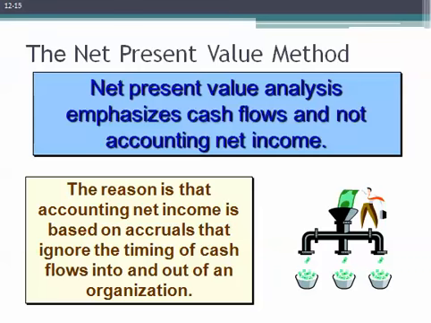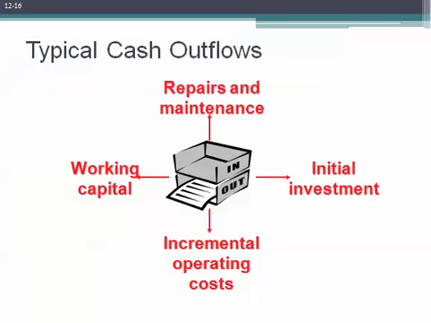In fact, typically the cash outflow associated with depreciation expense or the purchase of equipment happens at the beginning of a project. Typical cash outflows for capital budgeting projects involve repair and maintenance costs, or perhaps additional incremental operating costs.